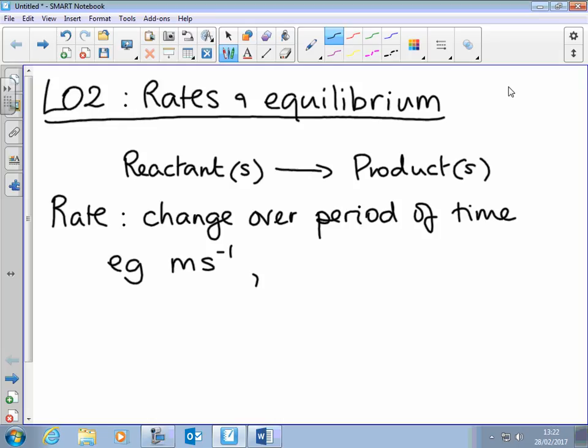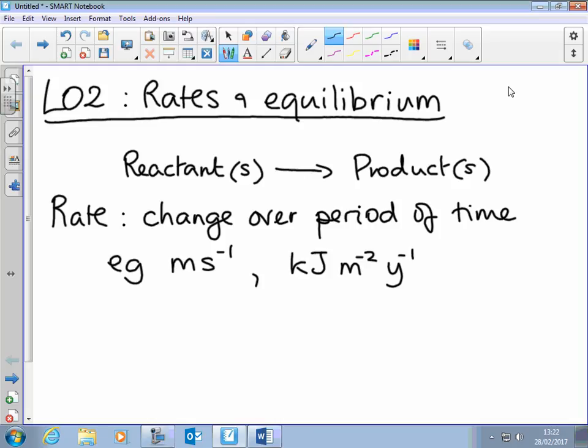Because it's got a time unit in there, a per unit of time, it's a rate. So a rate is something that changes over time.